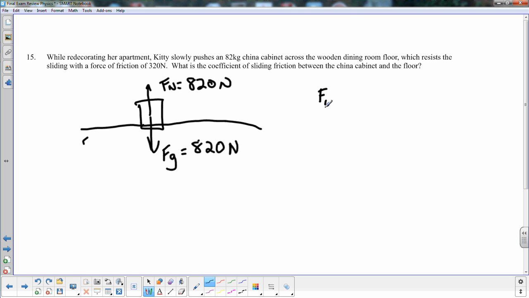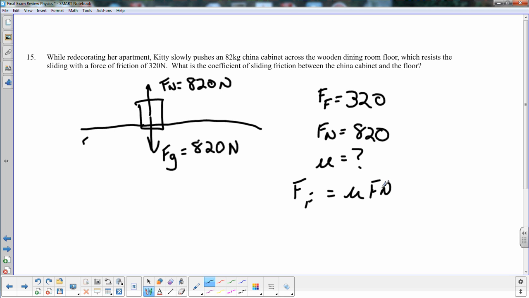And on a good day, you can plug stuff in. 320 equals mu times 820. Calculate mu. Algebra here. 320 divided by 820 should give you a mu of about 0.39. And there are no units on mu. Don't forget that. So I hope that helped.